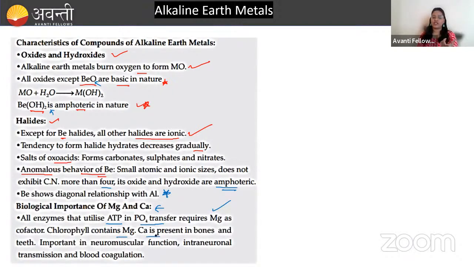Chlorophyll contains magnesium. Calcium is present in the bones and teeth of the human body. It is important in neuromuscular function, interneuronal transmission, and blood coagulation. So these are very good biological importance of these two metals, magnesium and calcium. Any doubt in this? You can ask.